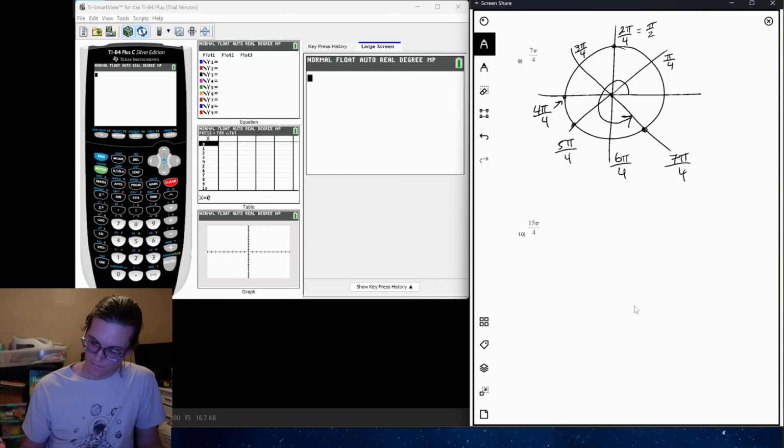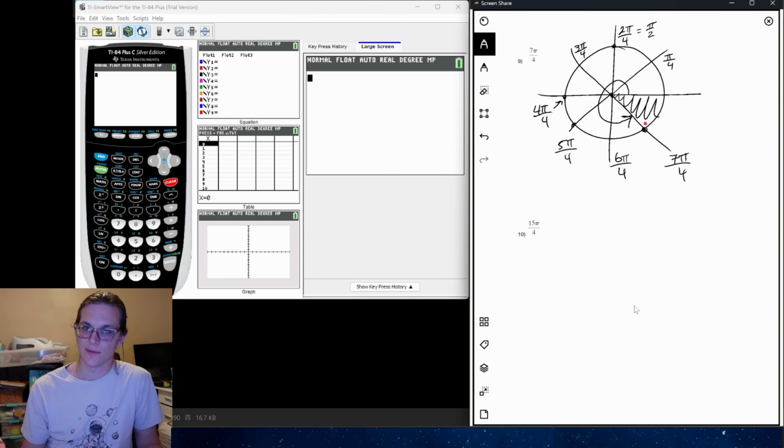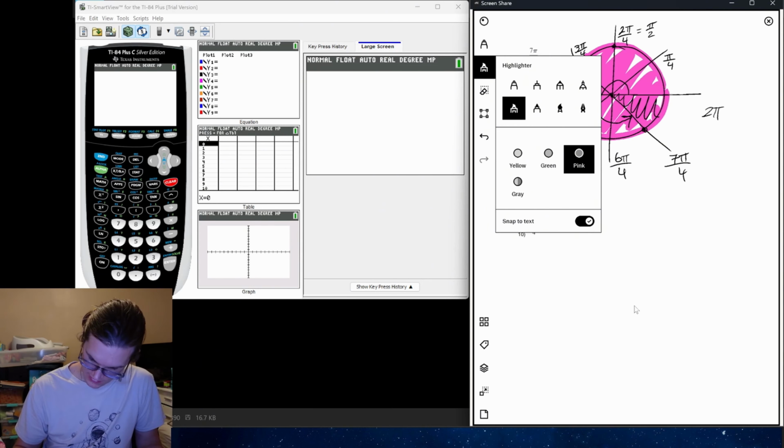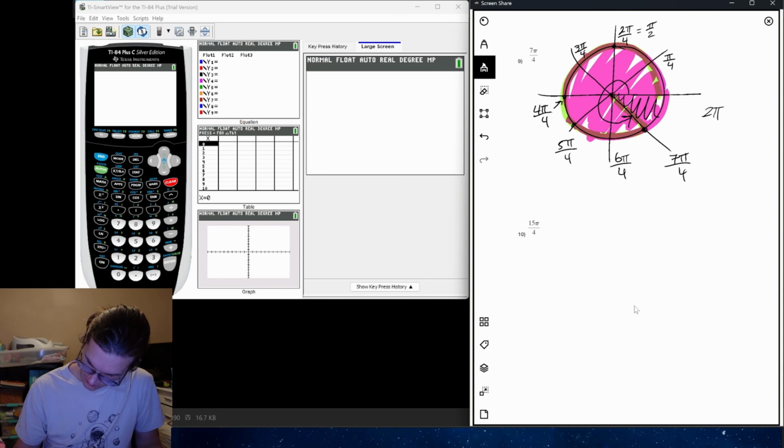The reference angle is this right here. The angle that the terminal side here makes with the horizontal, which is going to be 2 pi, a full rotation, the entire circle, minus everything except that reference that we're looking for.